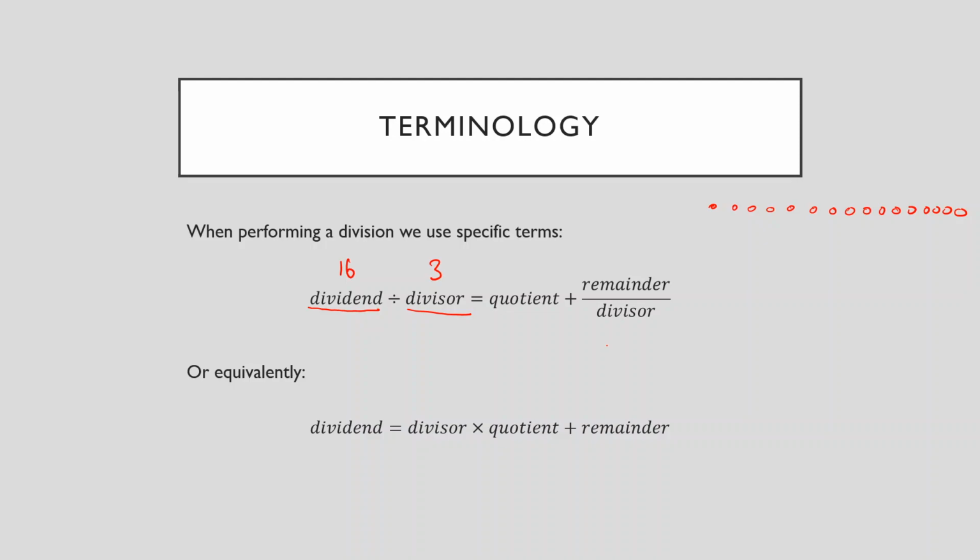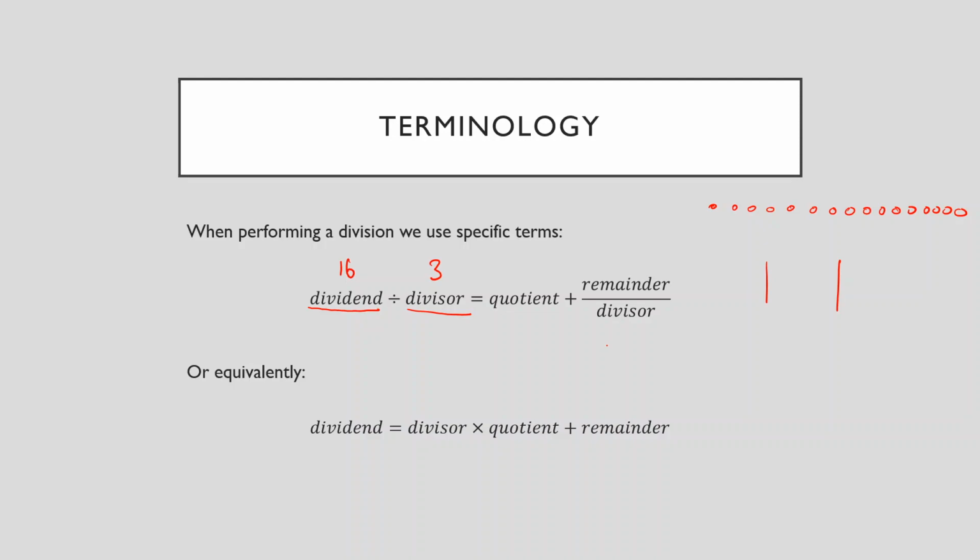So we're going to share these 16 objects between 3 people. The easiest way to do that is to make 3 columns and put these objects into the columns one at a time, and once we run out of objects, we stop.